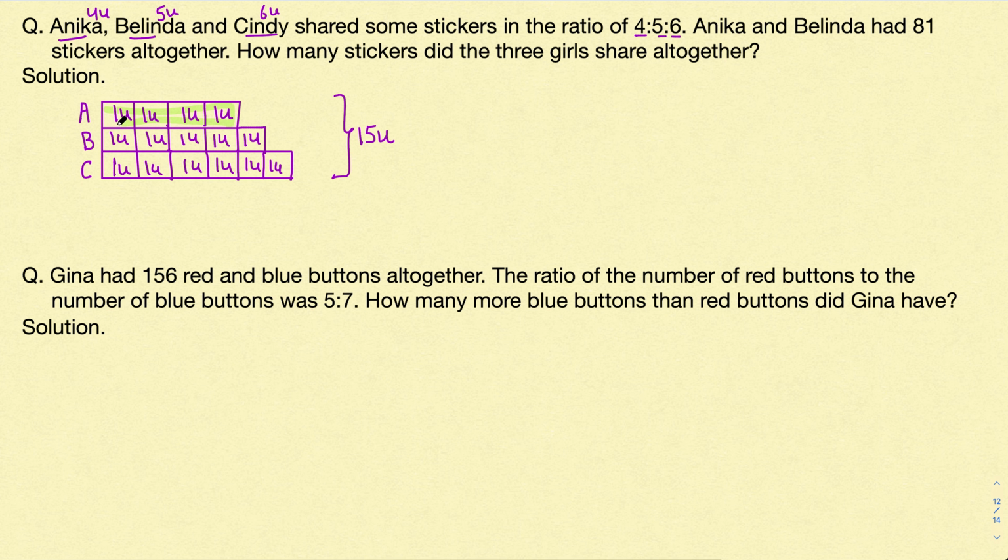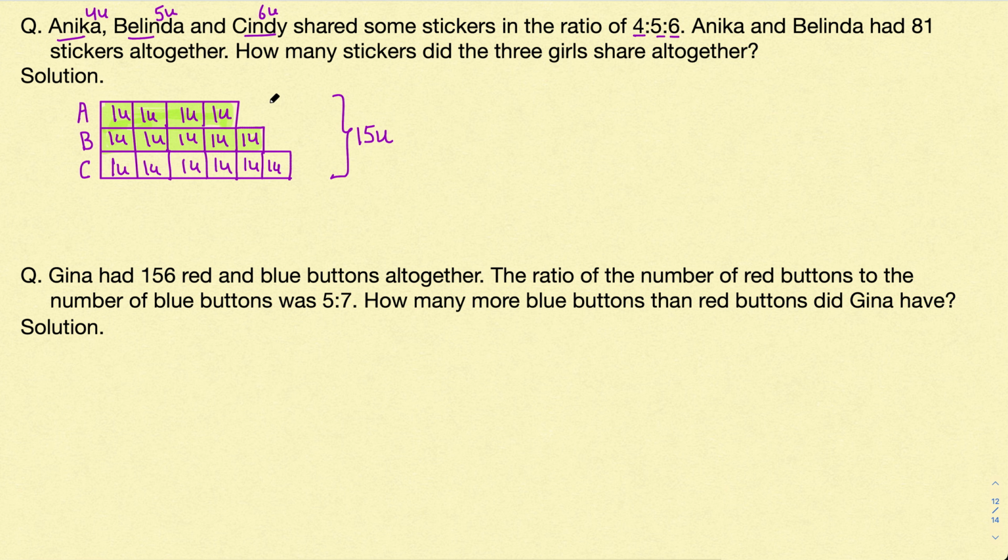Annika and Belinda have this many. Annika has 4 and Belinda has 5. I am highlighting it so that you can see it clearly. If you just count it, 4 plus 5 is 9 units. So 9 units are for Annika and Belinda.